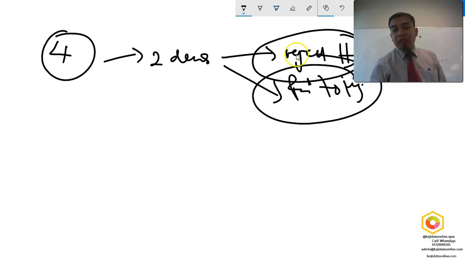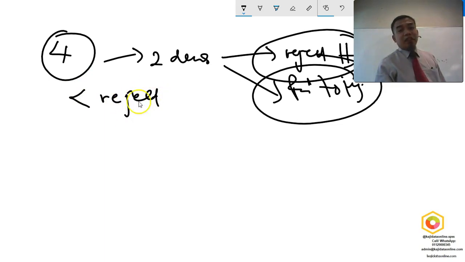So, how to meet those criteria? I'm going to sing a song for you so that you can remember the formula. Okay, the song is as follows: less than, reject. If your p-value is less than our alpha. For example, after you run the calculation, you observe that your p-value is 0.03.